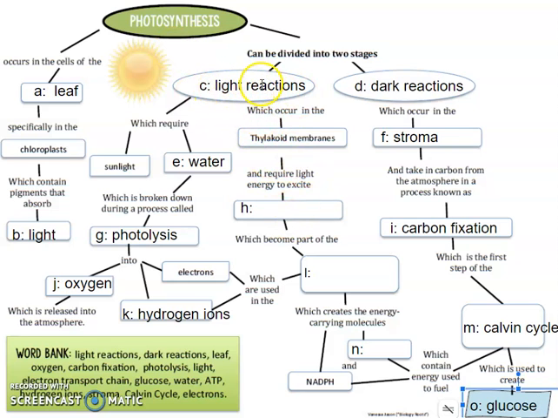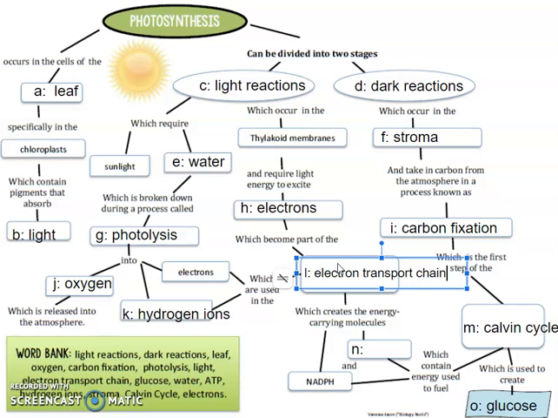So the light reactions of photosynthesis occur in the thylakoid membranes, and they require light energy to excite. And usually when we're talking about exciting something, it's going to have to do with electrons. So they excite the electrons, and these become part of the electron transport chain.